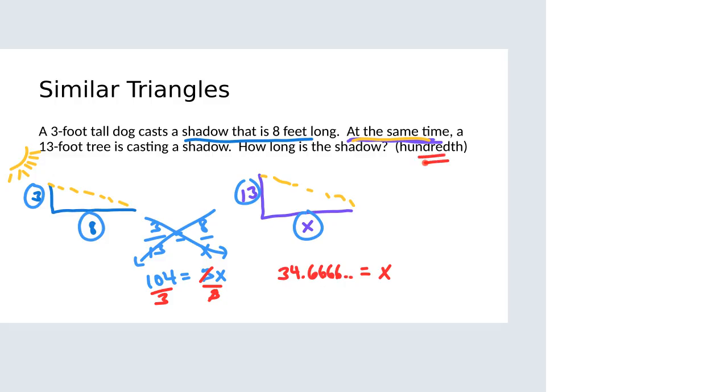We were supposed to round to the nearest hundredth, so we'll find the hundredths place, 2 past the decimal. Look 1 space to the right, that's 5 or bigger, so we'll round this up to 34.67. How long is the shadow? 34.67. It would be feet, but you just report the number.